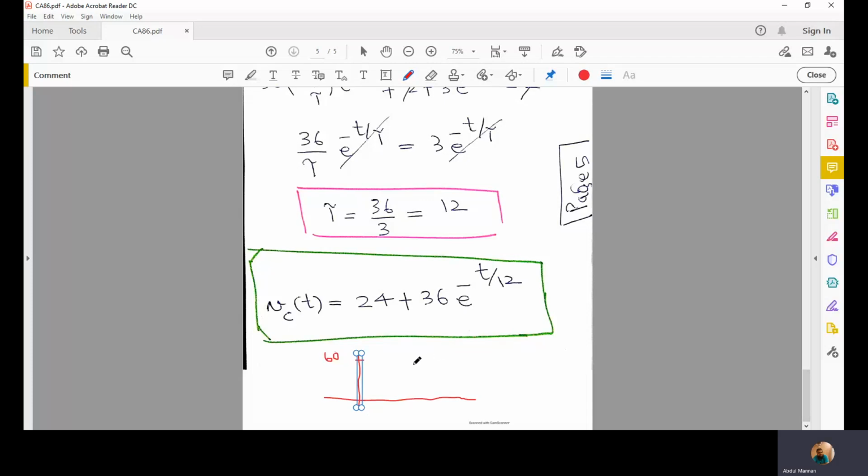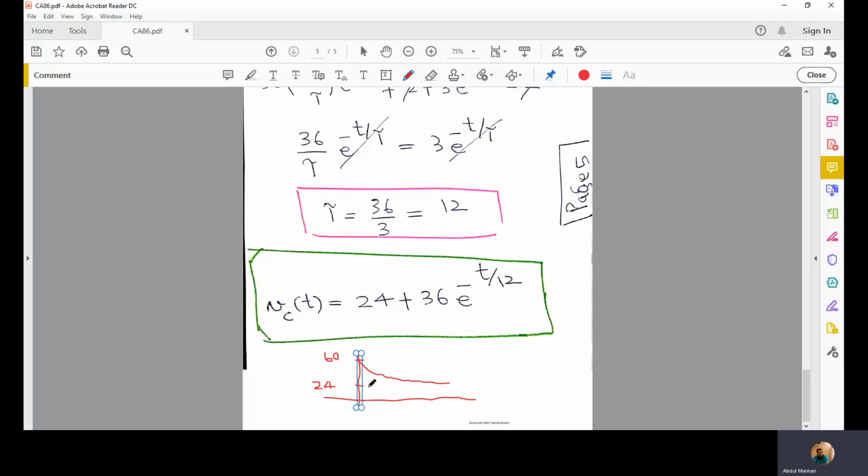If we put t equal to infinity, the exponential term becomes 0. So 0 times 36 is 0, and 0 plus 24 is 24. So at time t equal to infinity, the value is 24, and the curve decreases like this.